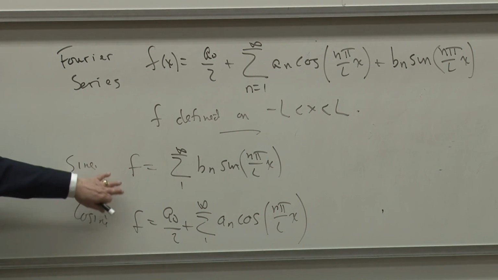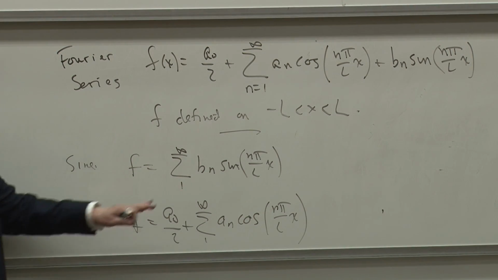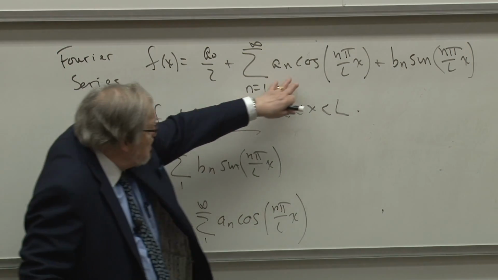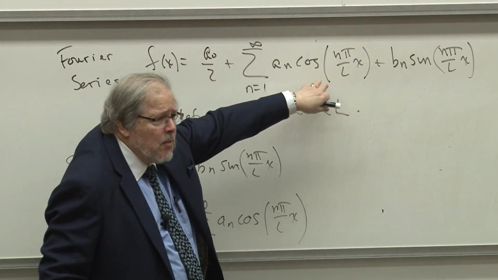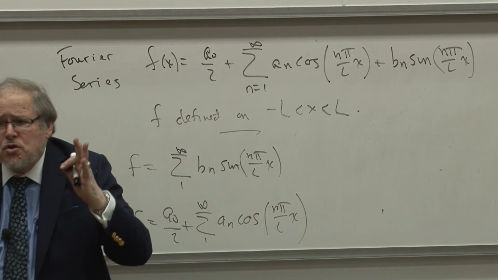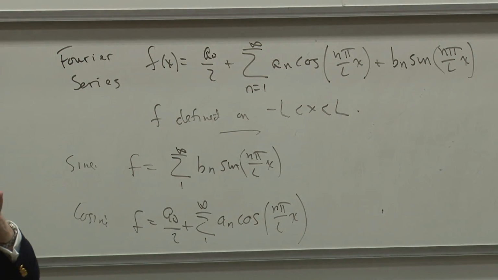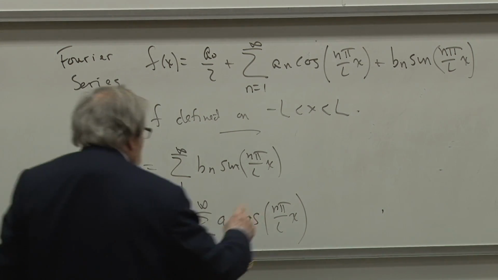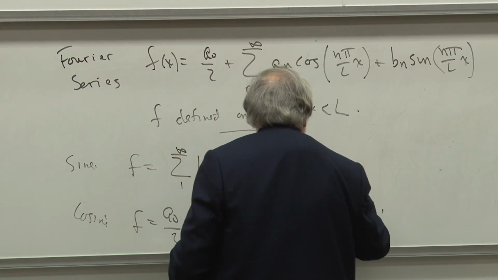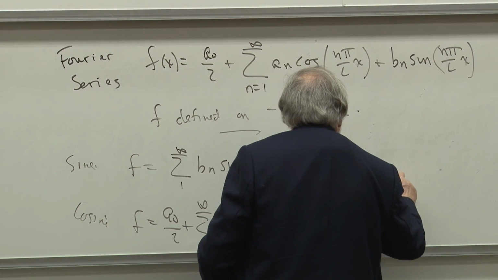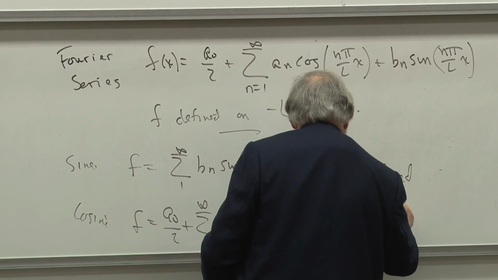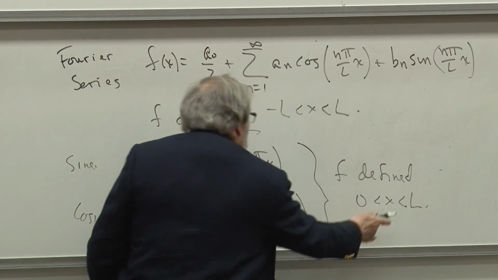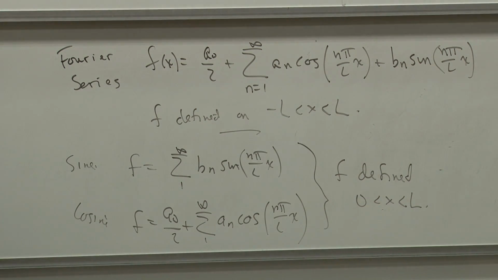In both cases, these are sums of the component functions from before. These are functions whose period is 2L, and yet these come from a function which is defined only over half the period.